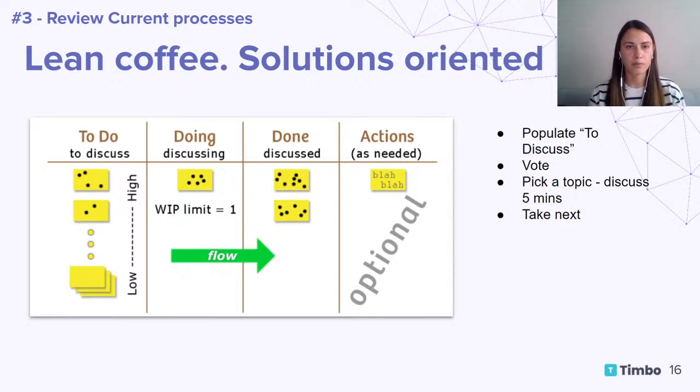You set up a timer, you start discussing that problem, and while you keep discussing, you come up with some action points and you put them into the 4th column, which is marked as optional here. When the time is up, you just ask whether we need to proceed with this topic and take another 5 minutes, or we are done here and we take the next one.